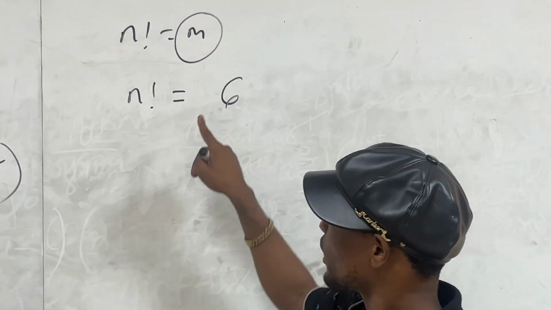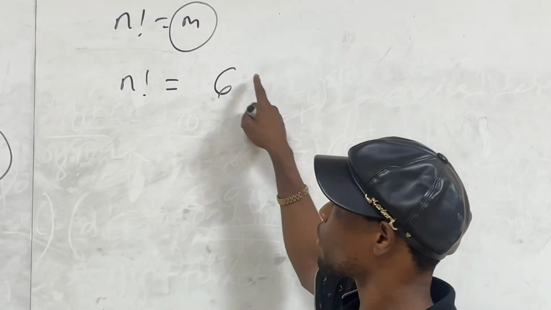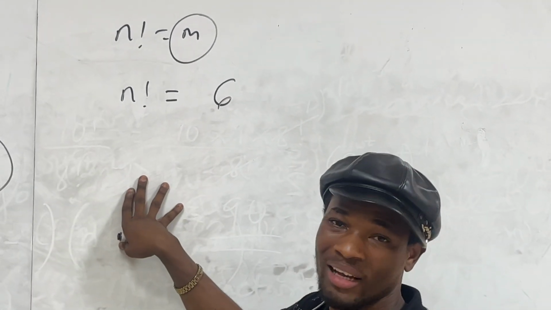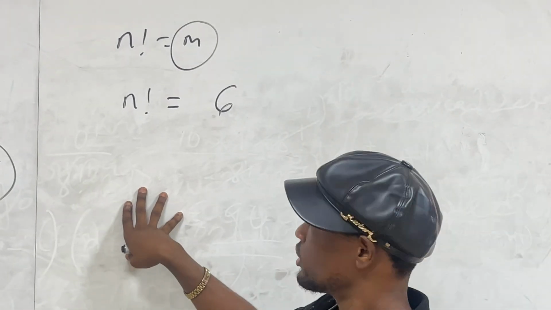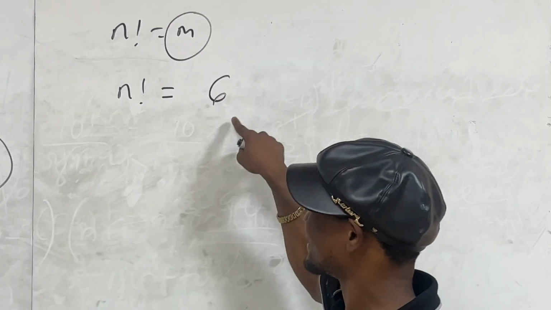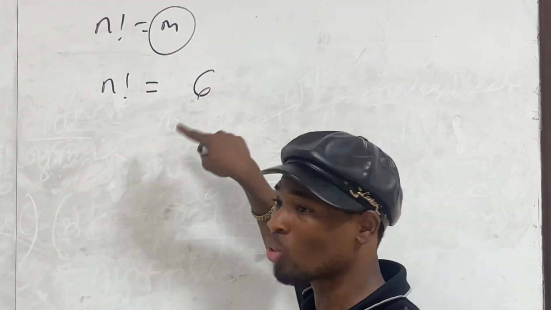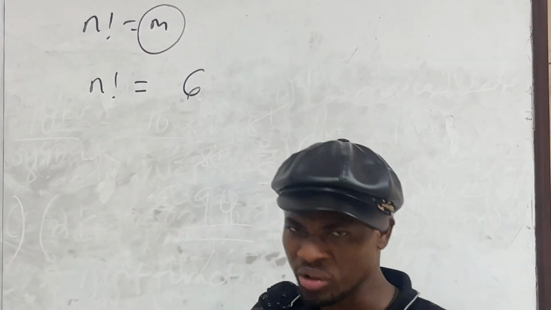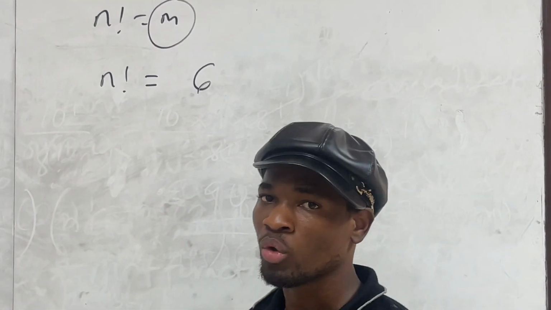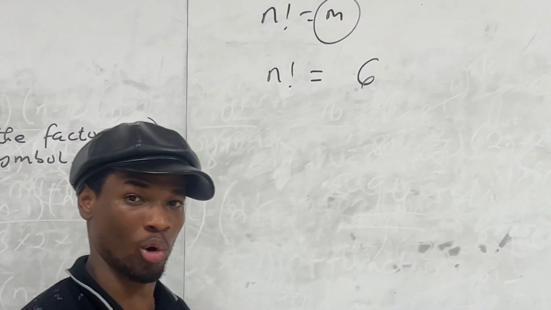If the first one has 6 factorial, the factorial will cancel the other factorial on the other side of the equation. But here we don't have a factorial, so you convert 6 into the factorial form or factorial notation. I have a trick I normally employ.